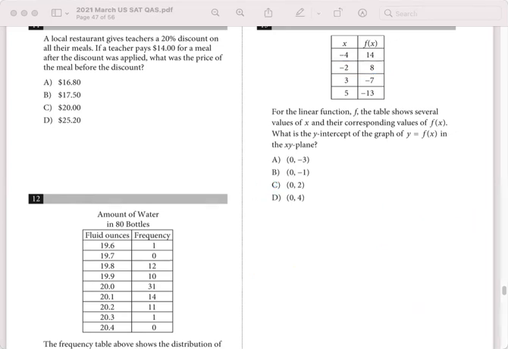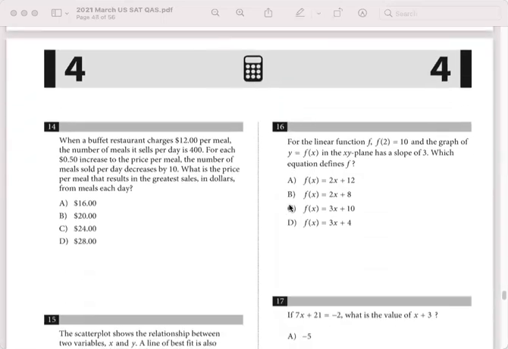Okay, let's go to question 14. When a buffet restaurant charges $12 per meal, the number of meals it sells per day is 400. For each 0.5 increase to the price per meal, the number of meals sold per day decreases by 10. What is the price per meal that results in the greatest sales in dollars from meals each day?